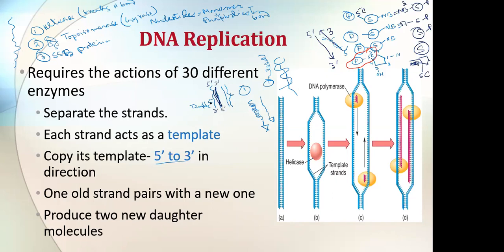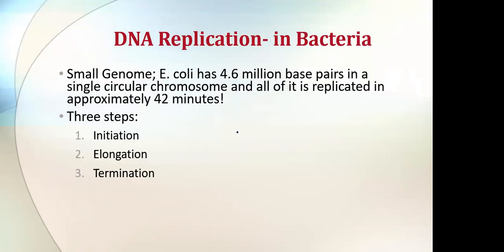Okay, so DNA replication always goes from 5' to 3'. This is the direction, and we know that one old strand, the template, pairs up with a new one, and ultimately it produces two new strands. So that's the big picture.